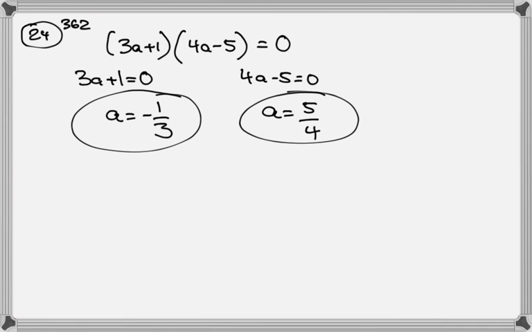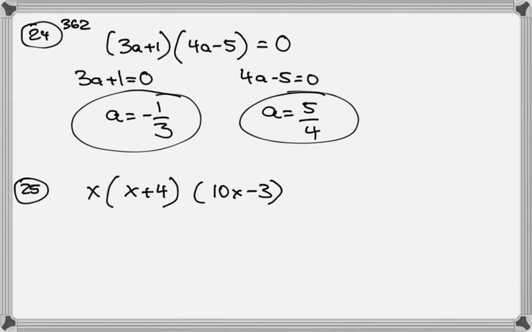We're going to do one more because here comes the important one. Pay attention. Number 25. x times x plus 4 times 10x minus 3 equals 0. How many factors do I have in this case? 3.